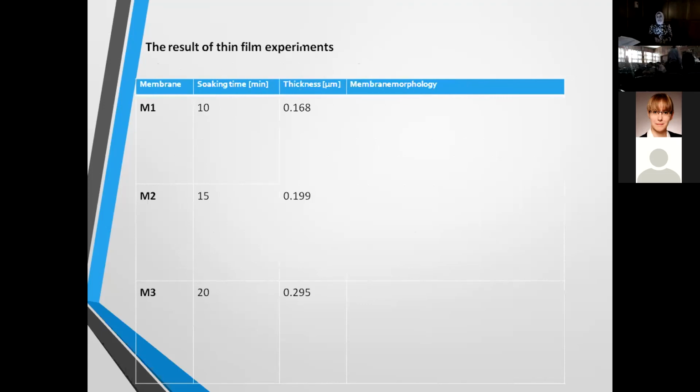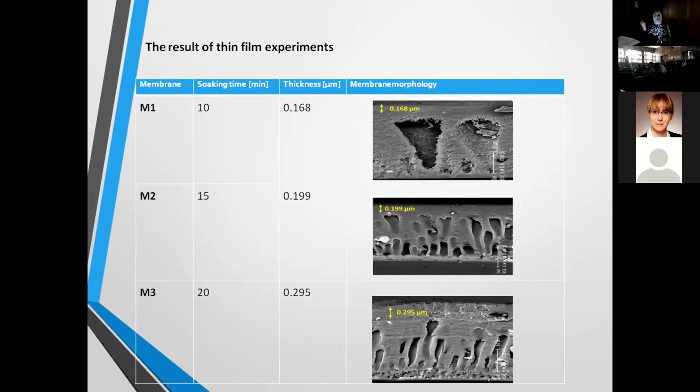The results we see: for membrane soaking time 10 minutes, the thickness is 0.168 micrometer. For 15 minutes, the thickness is 1.99 micrometer.